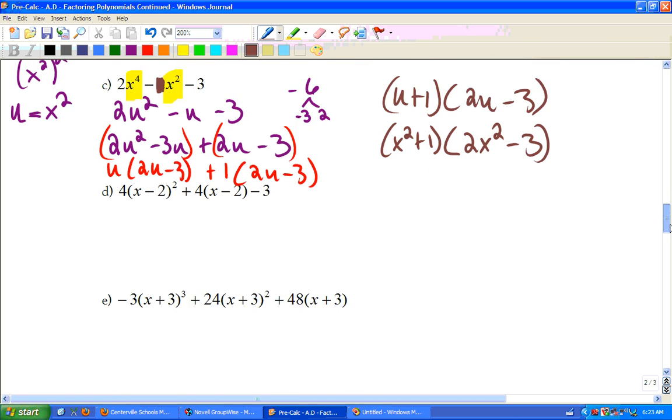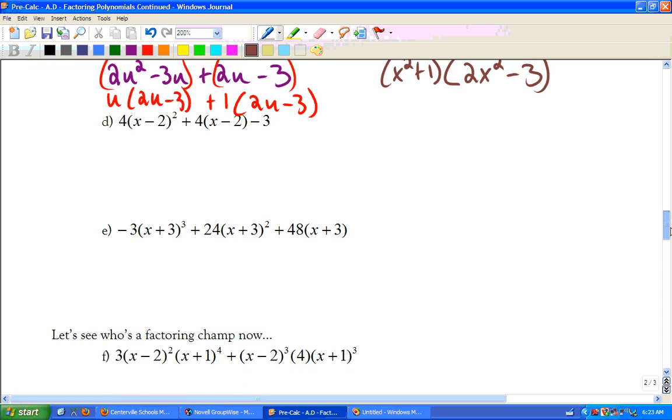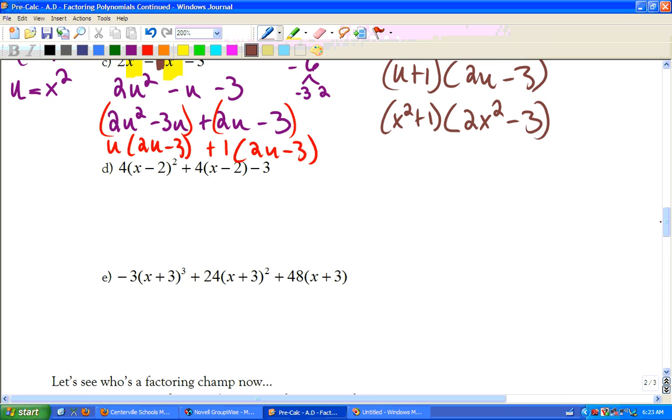For our last example we're going to take a look at is D. We're going to let the expression u equal x minus 2. That leaves us with 4u squared plus 4u minus 3. We're going to factor this like a normal trinomial. A value times C value gives negative 12.